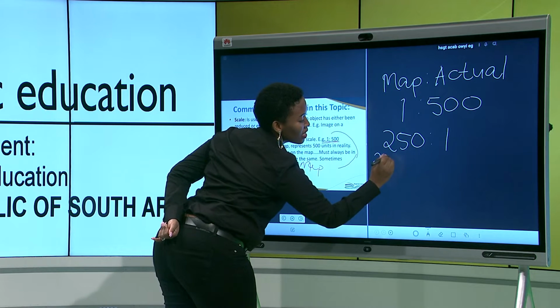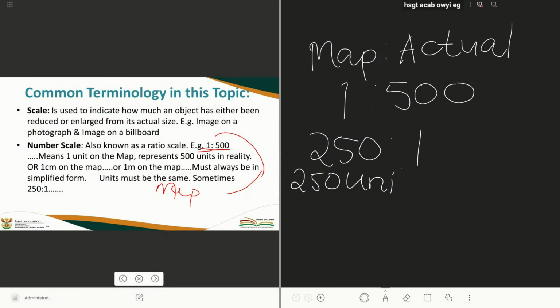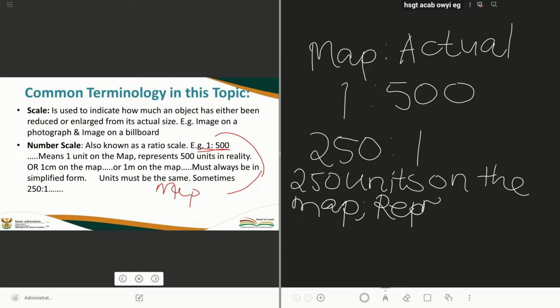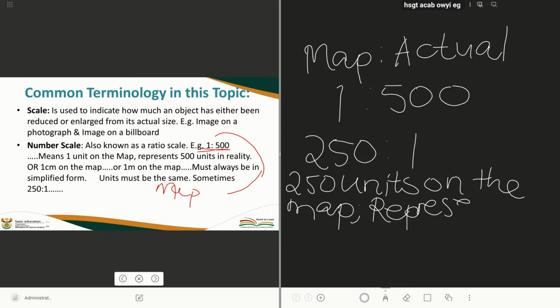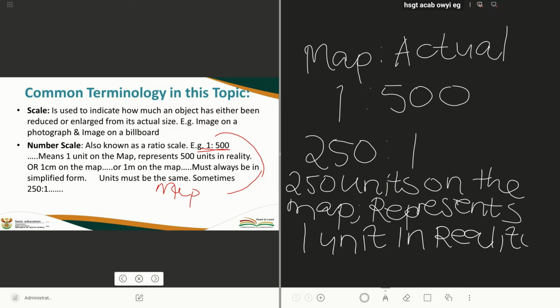You will say 250 units on the map represents 1 unit in reality. This is a case where an object has been enlarged.